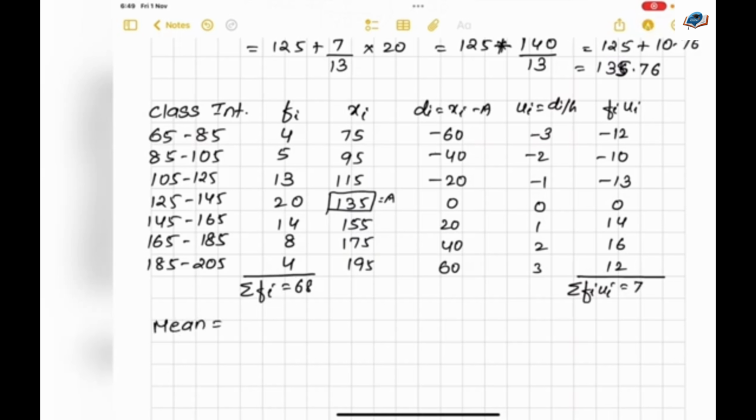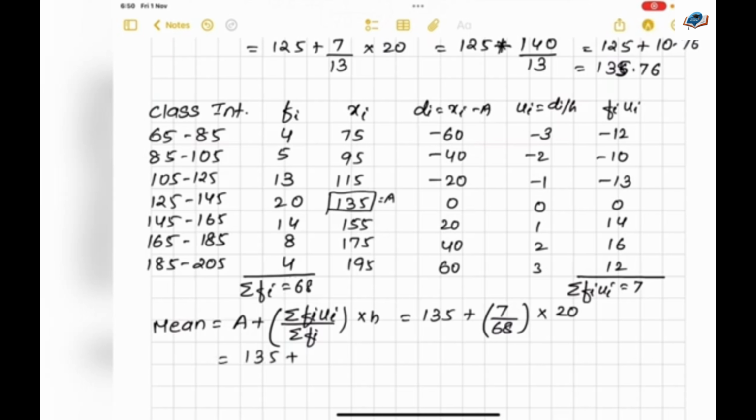So mean will be A plus (sigma fiui upon sigma fi) into h. So that will be 135 plus 7 upon 68 into 20.